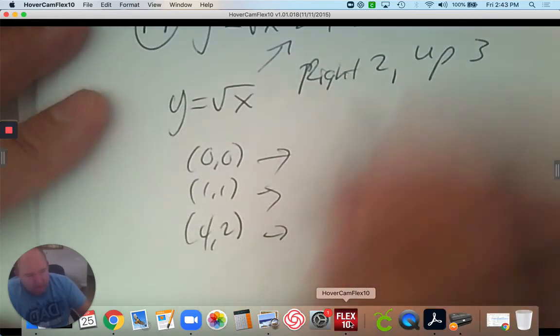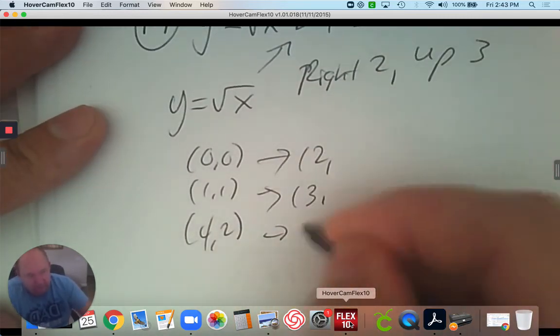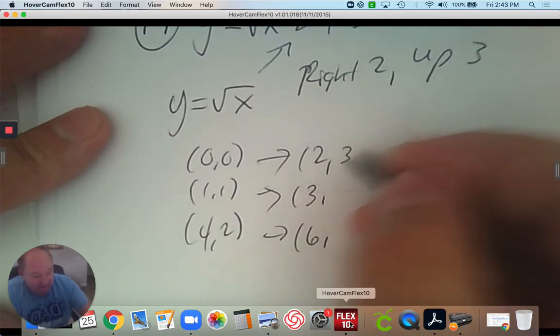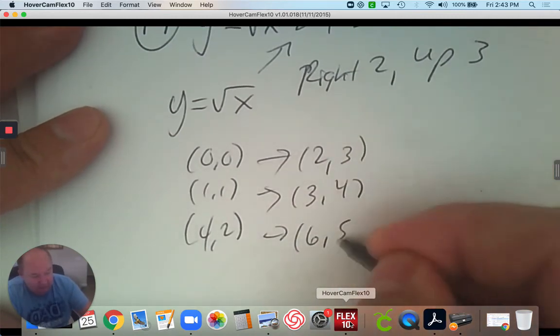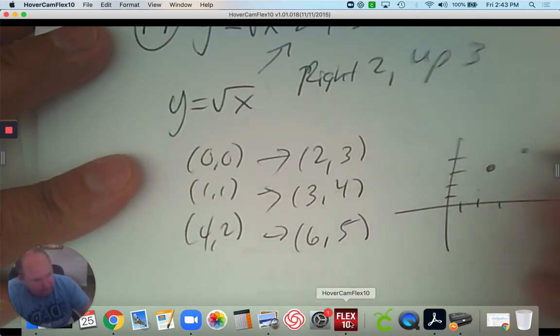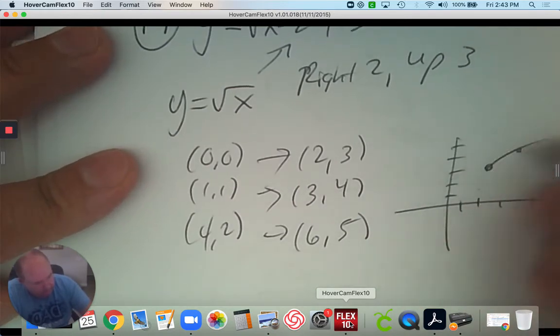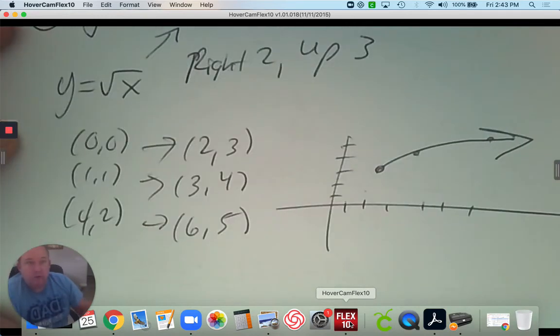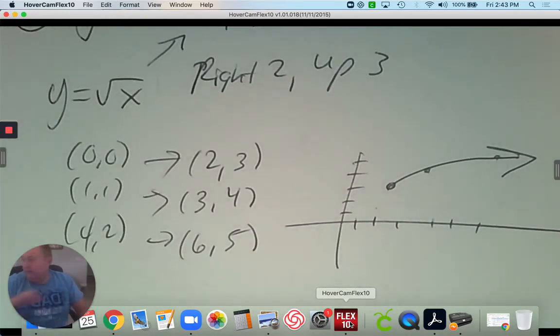So for each one, I'm going to the right 2 and up 3. And then just plot these points. So I get (2, 3), (3, 4), and (6, 5). Everything's been shifted to the right 2 and up 3.